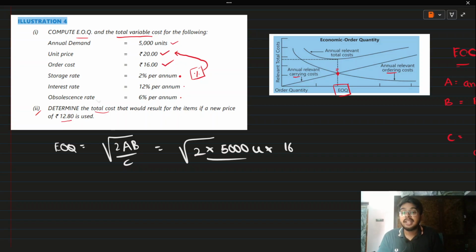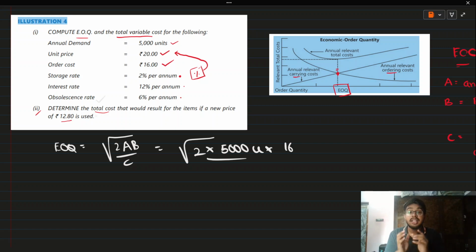And obsolescence rate. Obsolescence rate means, for example, I am buying a material. Next day, the material may get damaged. The material may get outdated. The material might expire. Food products and FMCG goods, the material might expire. These all come under obsolescence rate. This is the risk premium involved in keeping that material in the godown.